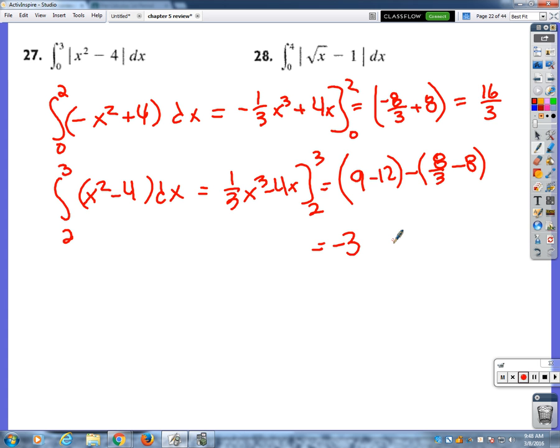That's going to be -16/3 again. And then negative minus is plus, so that's plus 16/3. So that's -9/3, so that's going to be 7/3, right? And then you add those together and you get 23/3, which is 7 2/3.